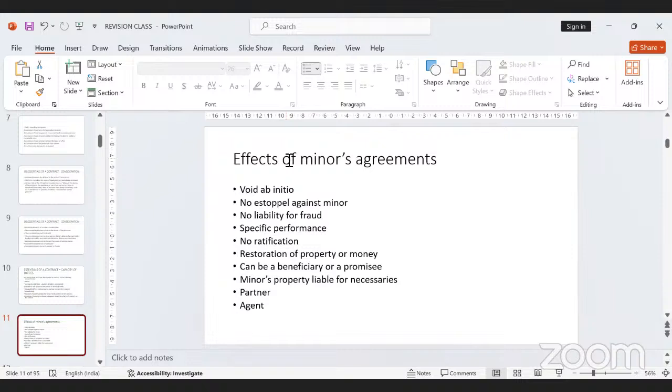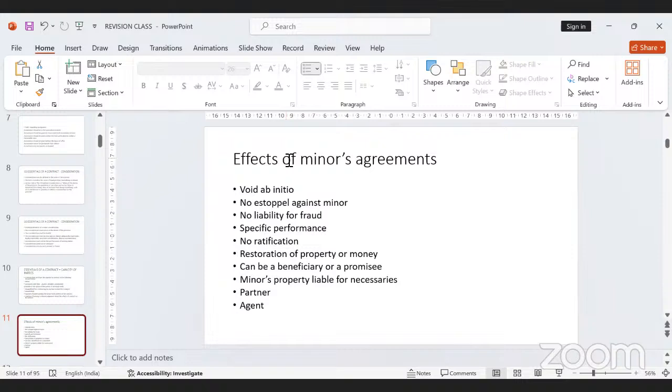Next one is minor's property liable for necessaries. This is an important point. Is a minor's property liable for necessaries? Yes. Take for example, I am a minor. I have some property in my name. Now, because I am a minor, I cannot borrow money from anybody, because any contract agreement entered into with me is a void contract.